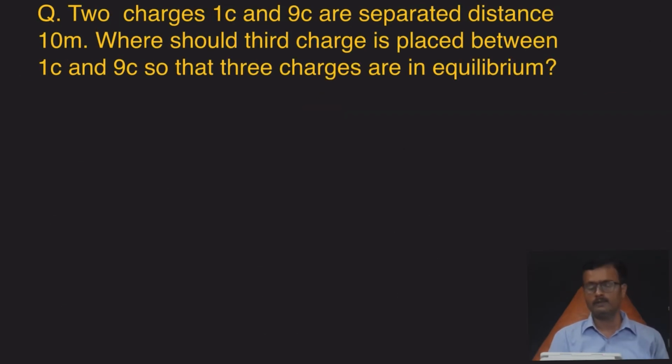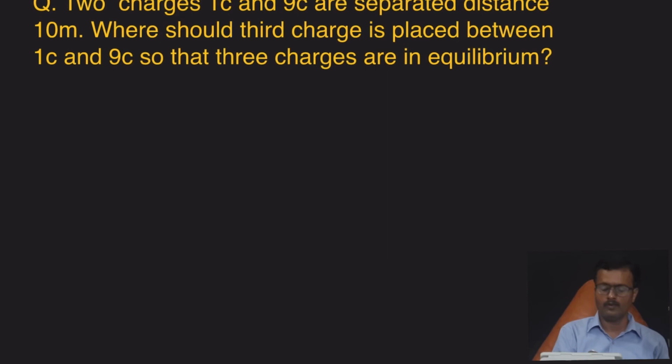Two charges, 1 coulomb and 9 coulomb, are separated at a distance of 10 meters. Where should a third charge be placed between 1 coulomb and 9 coulomb so that all three charges are in equilibrium? Equilibrium means the force on that charge should be 0. So there are three charges.